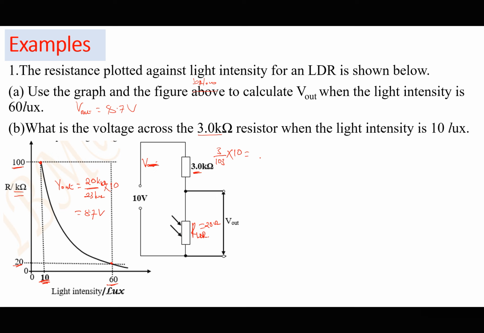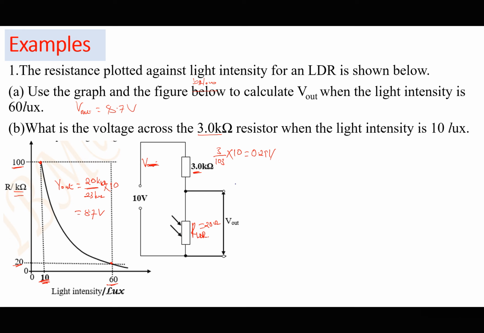So this is giving me 0.29 volts. So the PD across 3 kilo ohms is going to be 0.29, and of course the PD across the LDR would now be 10 volts minus 0.29.